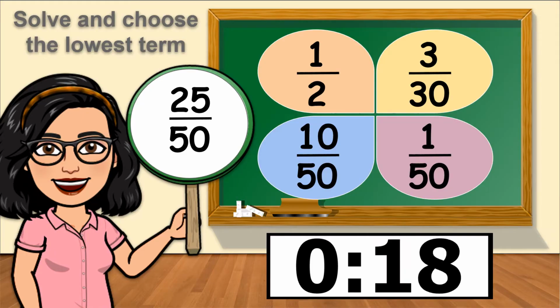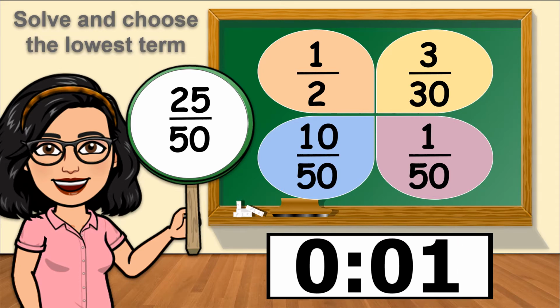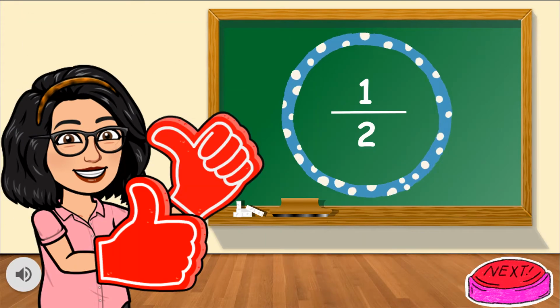What is the lowest term of 25 over 50? 25 over 50. The answer is 1 over 2. You are correct. Next.